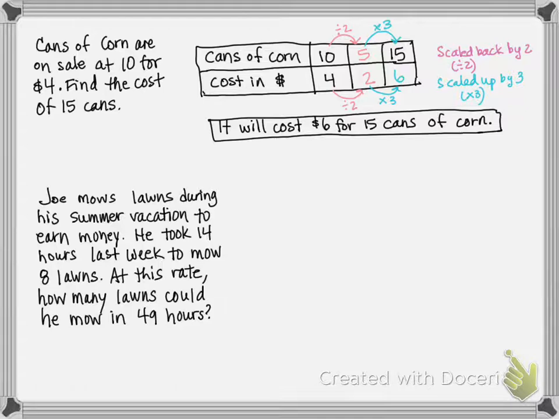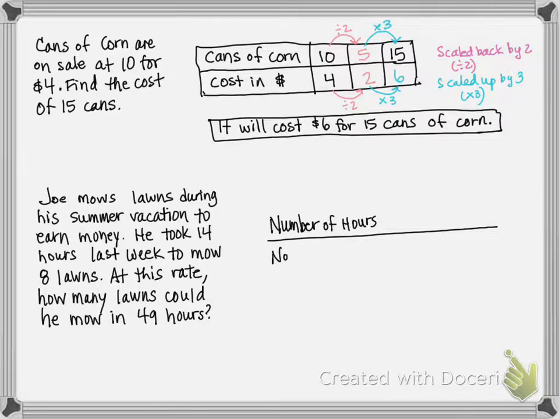Okay. All right, so let's get working. They tell us how long he takes to mow and how many lawns he mows. So that's going to be my two things. So we've got number of hours. And again, most of the time your book provides the labels for your table. If it doesn't, you just pick it from the information that's given.